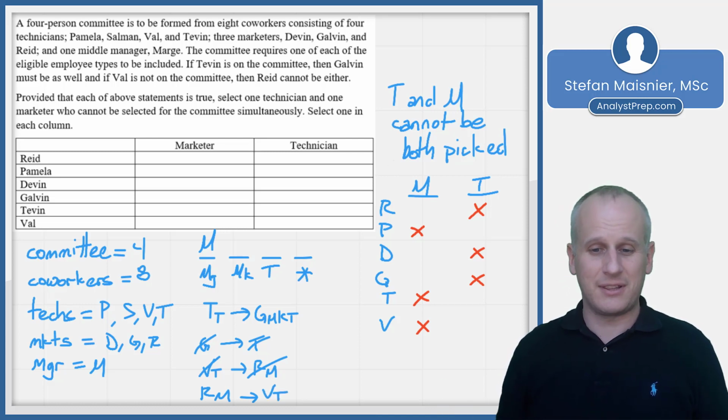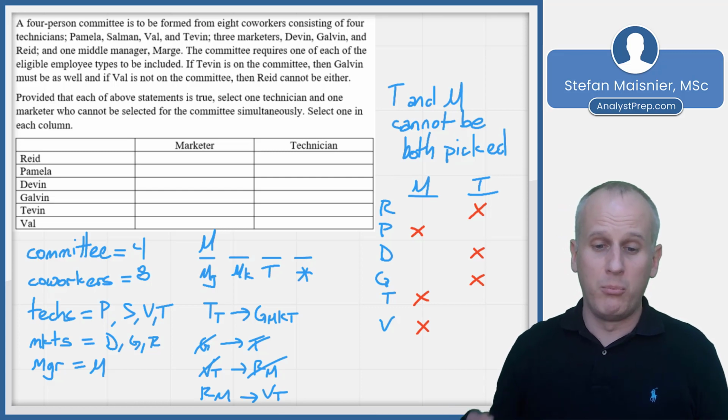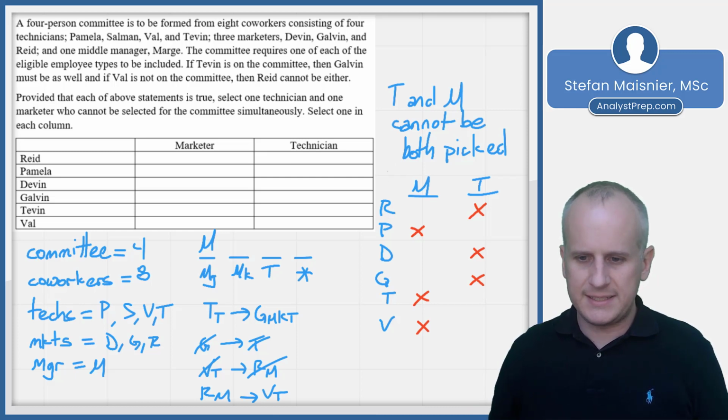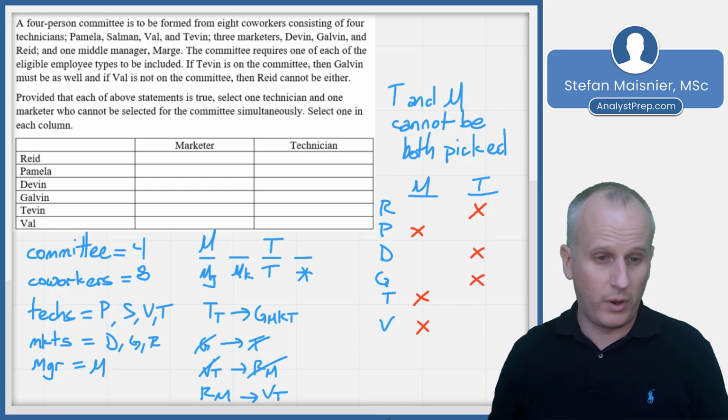So now we just have to think about how we're going to end up with more people than we want on this committee. So we look at the people that are relevant. So if we were to put T into the committee, T would have to be our technician or the wild card.